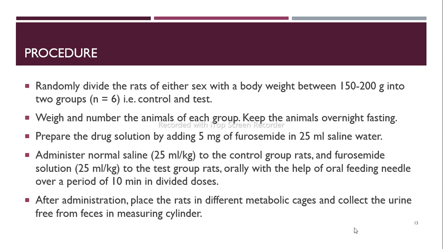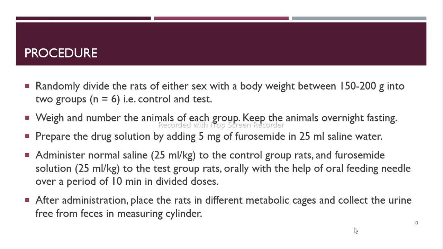The only difference between the control group and the test group is that in the saline bottle, in case of control animals there is only saline water, but in the test group we are adding furosemide into that water. We have to administer orally with the help of an oral feeding needle over a period of 10 minutes in divided doses.